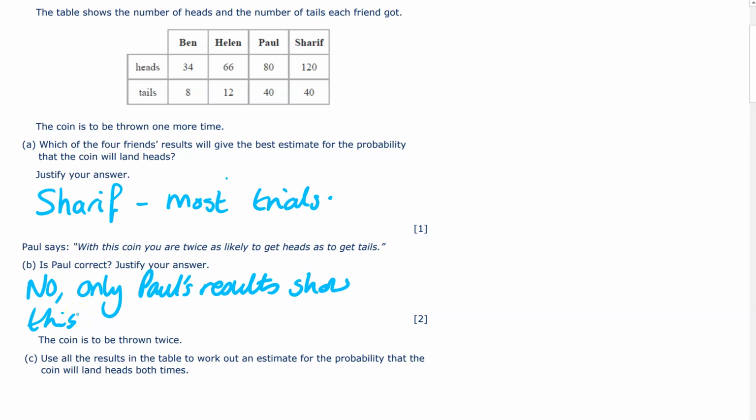Otherwise, if you look at the one that we've said is the most reliable, it's about a quarter, because it's done it 160 times. So it's a quarter rather than a half.